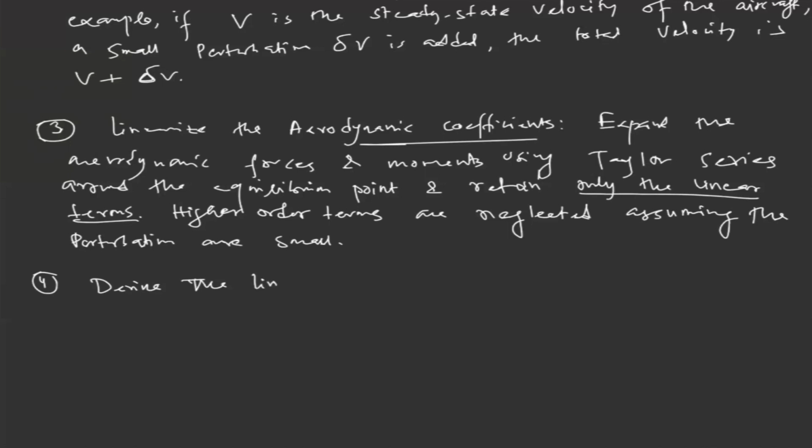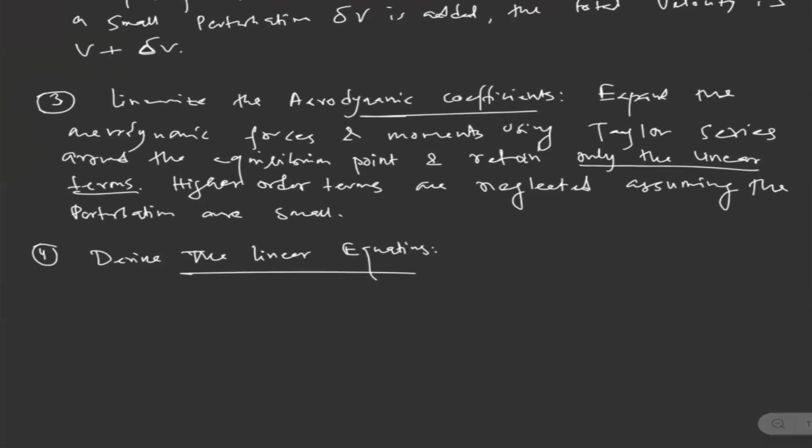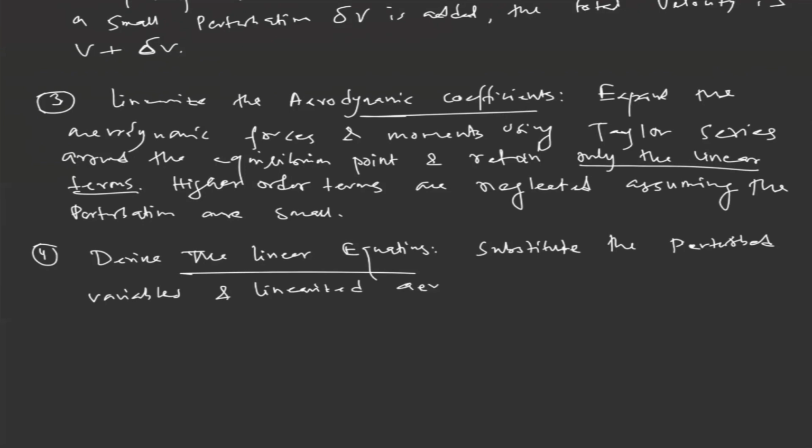Derive the equation. So here we'll substitute the perturbed variables and linearized aerodynamic expressions into the original non-linear equation of motion.